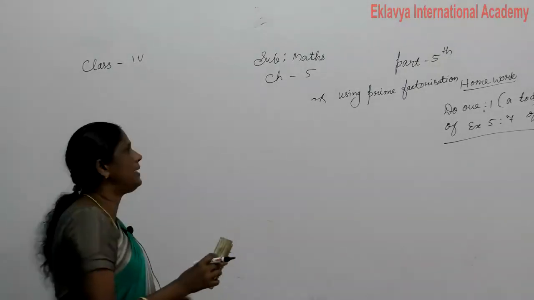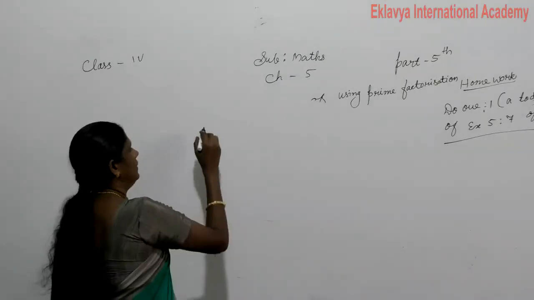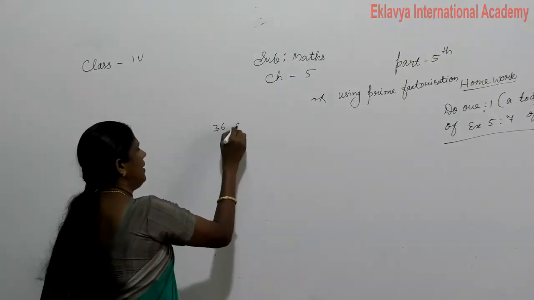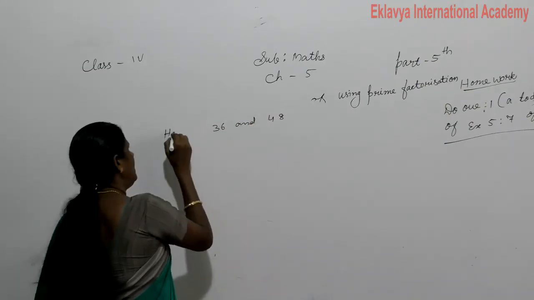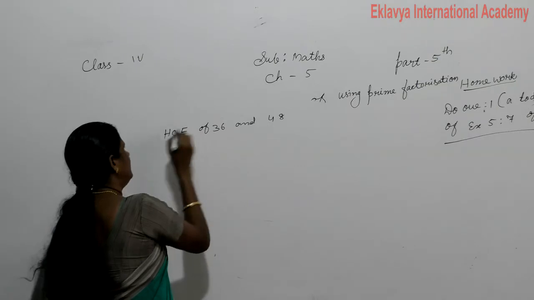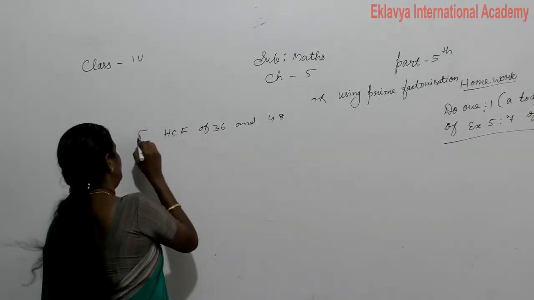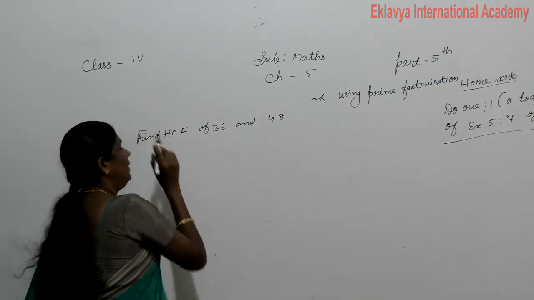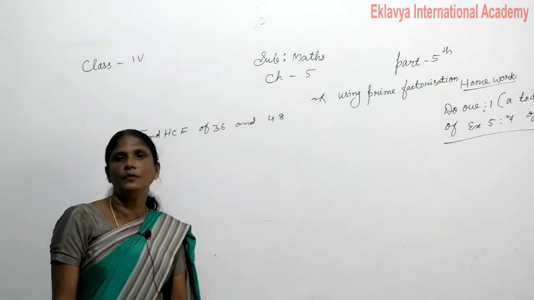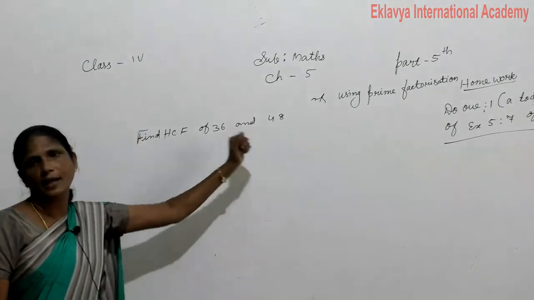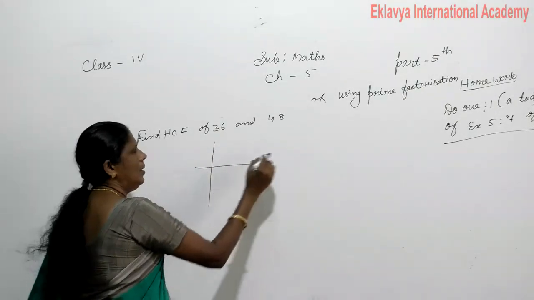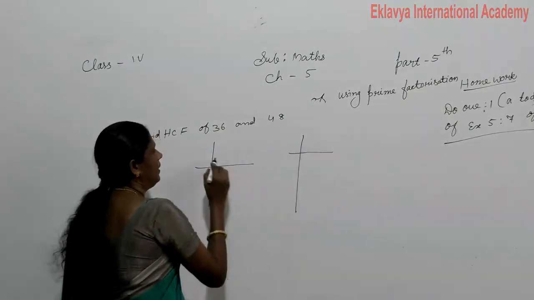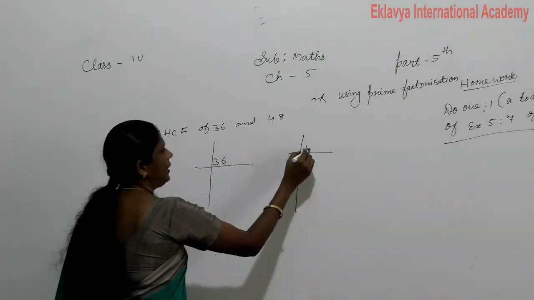Find the HCF of 36 and 48. Again you find the prime factorization of 36 and 48.